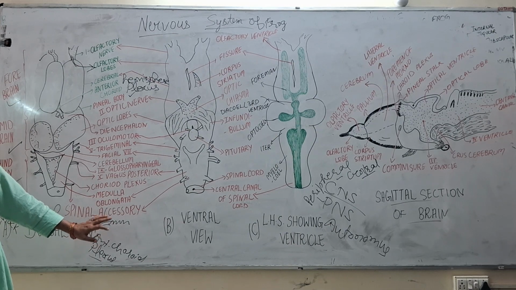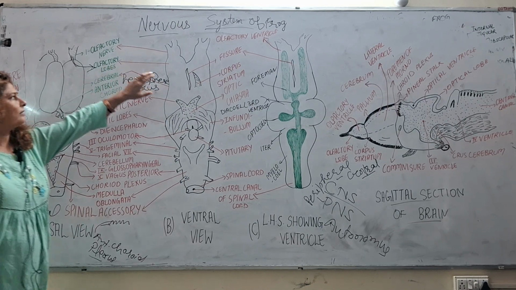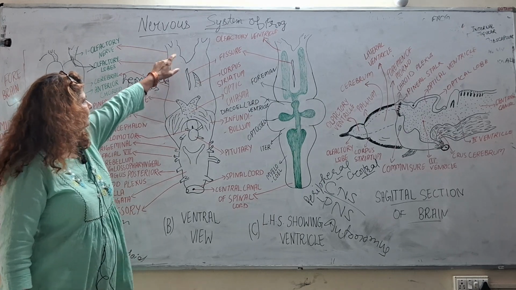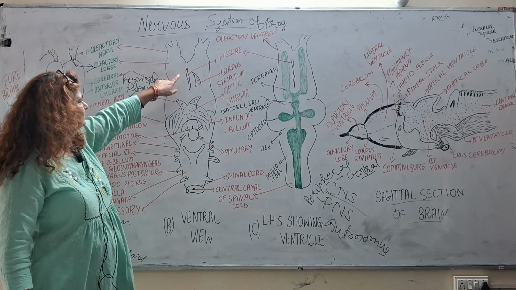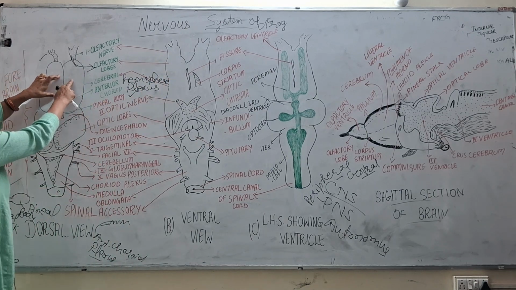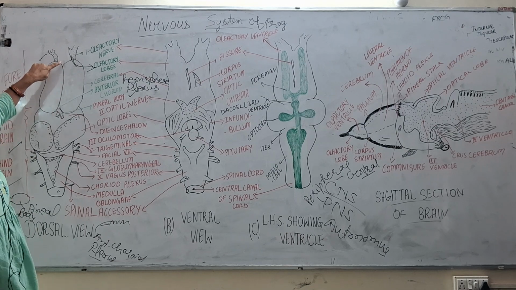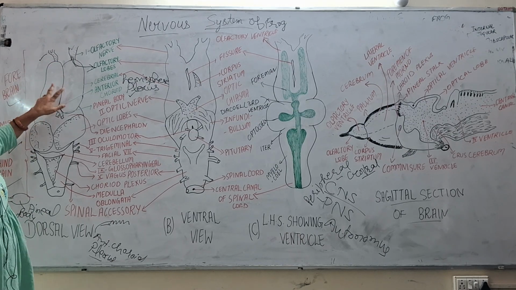Clear? Then after that, on the lower side, here you can see this is the dorsal side, this is the ventral side. Here are the olfactory lobes. These two are completely jointed with each other except the anterior region and posterior region.